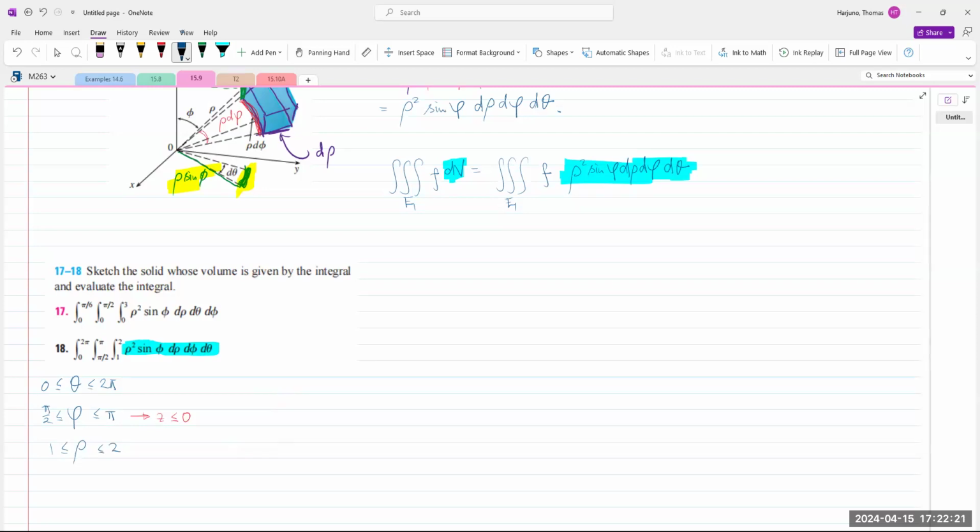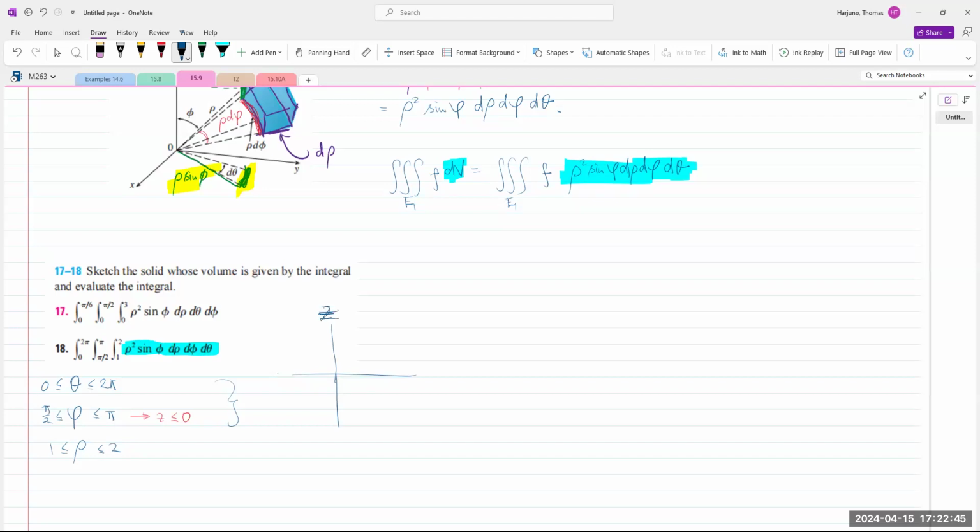Can we imagine what is this? It seems like it's actually a ball. Okay, let's deal with these two first. If I draw, this is my z-axis, right?